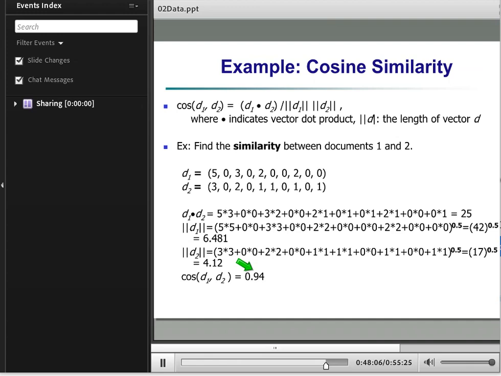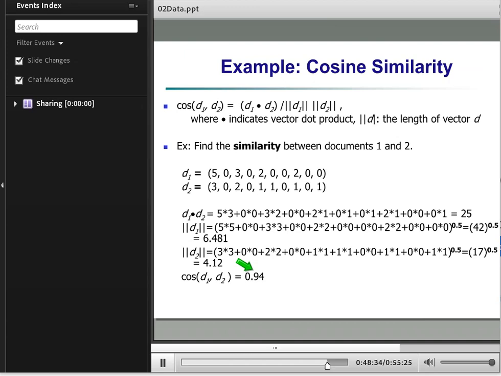Here, I can see that D1 and D2 are similar, not completely similar, but they are near to each other, very close.